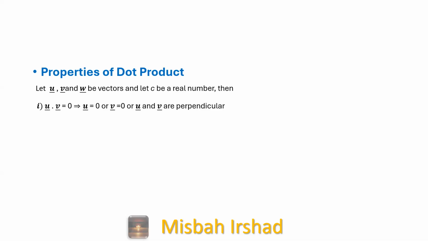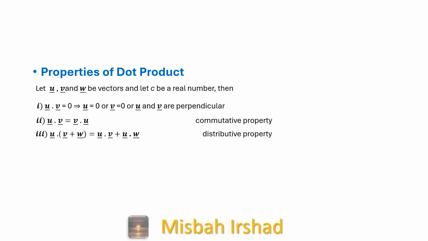If both are non-zero vectors, then they are perpendicular to each other. The dot product is commutative. Similarly, the distributive property holds for the dot product: u dot (v plus w) is equal to u dot v plus u dot w. And if c is a scalar, then the scalar multiple of u, that is (c u) dot v, is c times (u dot v).